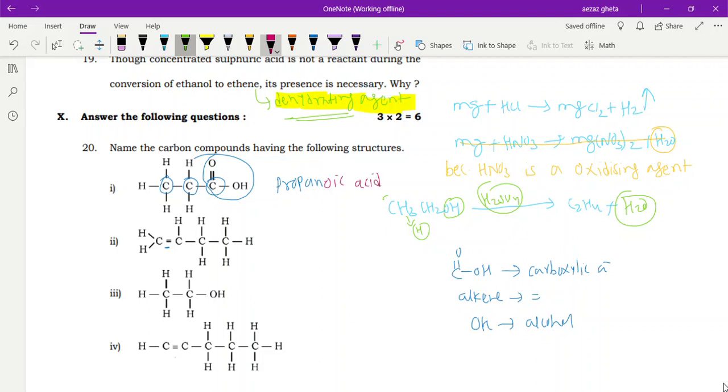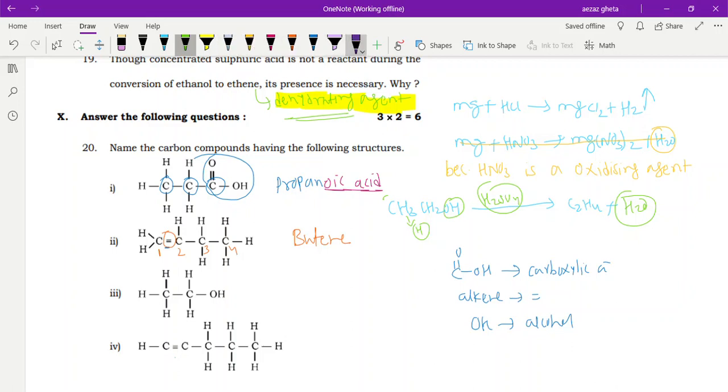Oic acid is the suffix for carboxylic acid. Here, as it is an alkene, ENE will come. We should count carbon: methane, ethane, propane, butane. Simply butane.